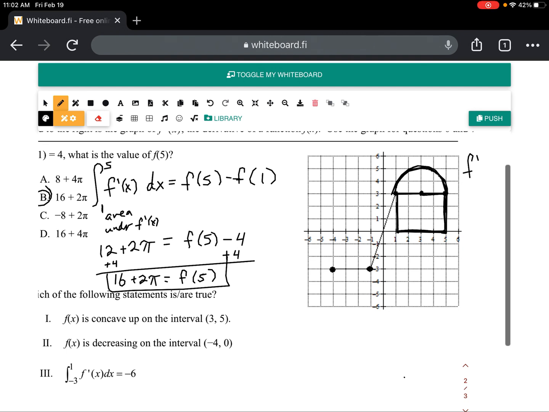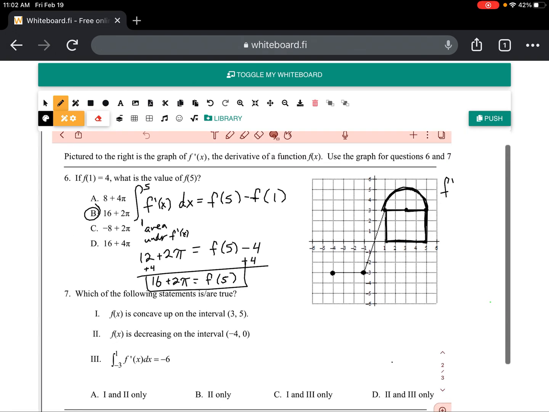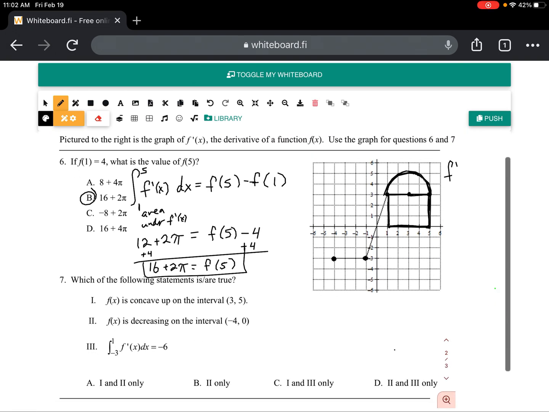Okay, 7. Which of the following statements is true or are true? We just did a problem kind of like number 3, so let's go ahead and start with number 3 down here. We're going to find the area between -3 and 1 of this graph. -3 and +1.